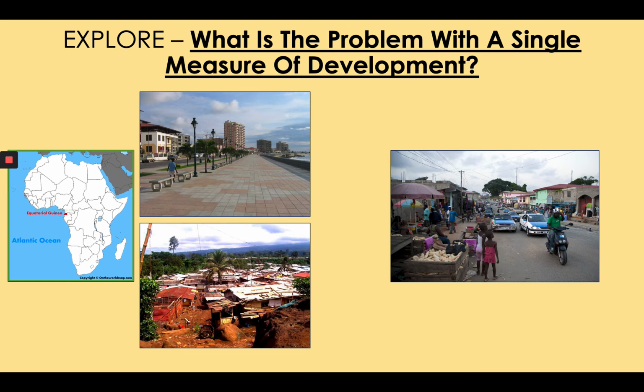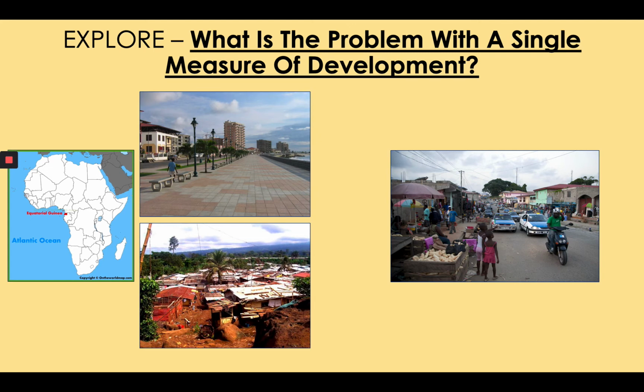And that means that our measure of life expectancy in Equatorial Guinea is likely to be inaccurate. It could be higher, it could be lower, but it is most likely higher, which means that we might think that Equatorial Guinea is again more developed, that people are healthier than in fact they are.